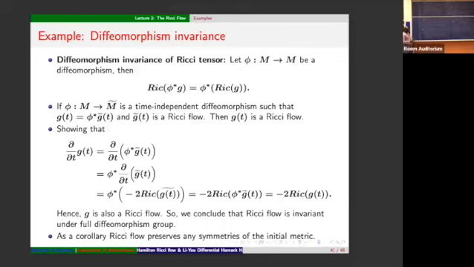another is diffeomorphism invariance. Let's just explain the diffeomorphism invariance of curvature.